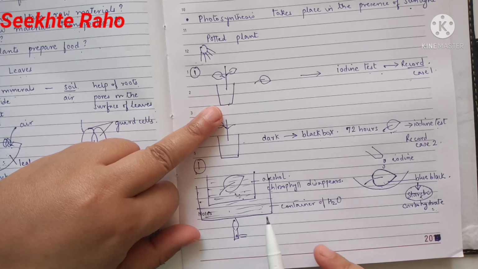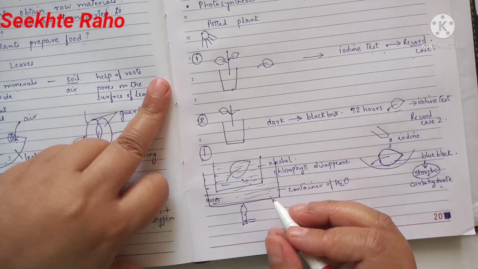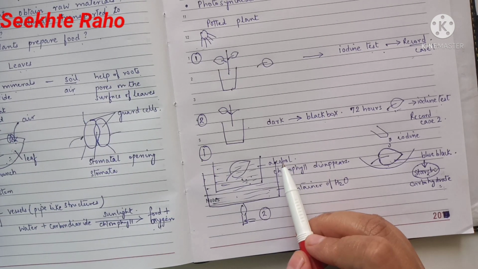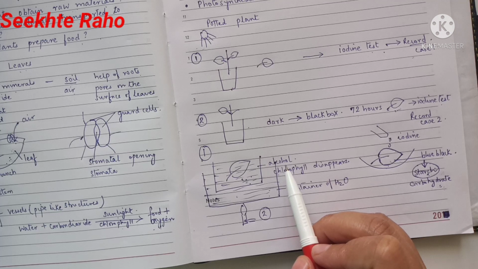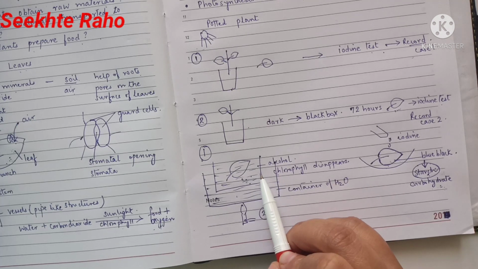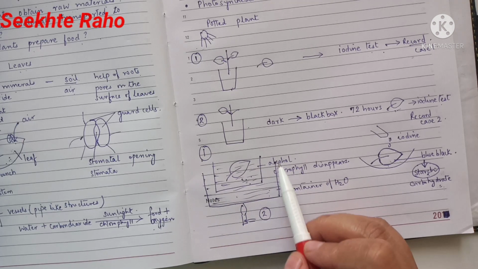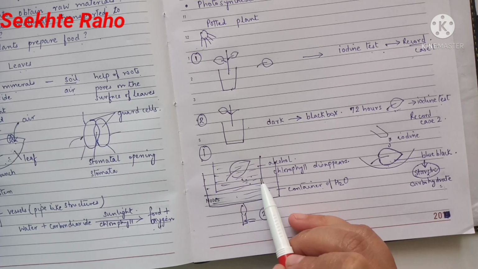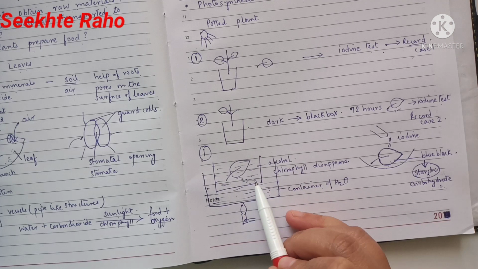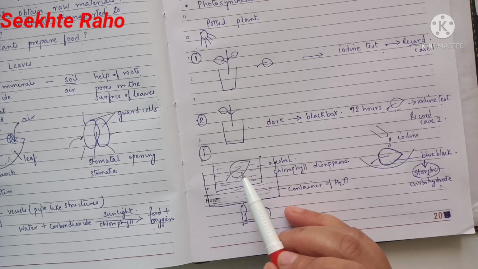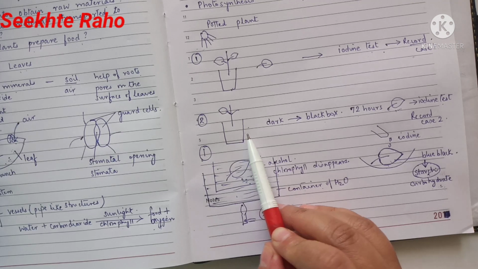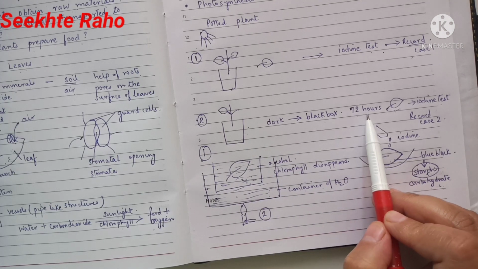right? In case 2, by a similar process, we are going to again pluck the leaf and boil it in alcohol, again in a container of water. We will keep another container of alcohol and then boil this leaf plucked from the plant which was kept in a dark room for 72 hours.